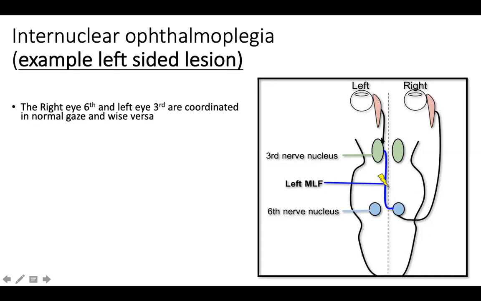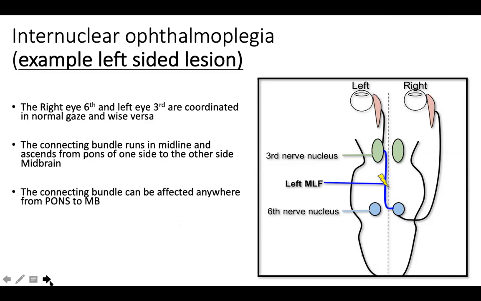So I repeat again. The medial longitudinal fasciculus connects your left third nerve nuclei with your right sixth nerve nuclei. So if I want to see towards the right gaze, my right-sided abduction is present, but my left-sided adduction is limited. So this is what I told you: a left-sided INO will produce a limitation of gaze towards your right side, because your connecting fasciculus between the third nerve and sixth nerve is interrupted.